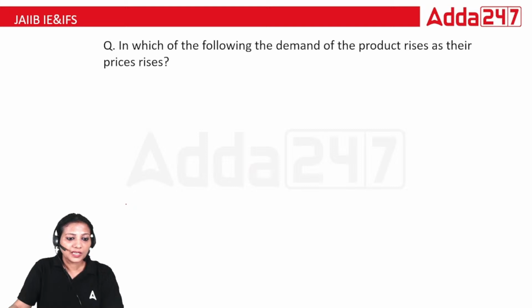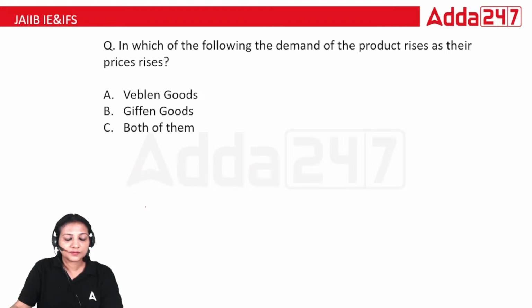In which of the following does the demand of the product rise as their prices rise? Veblen goods, Giffen goods, both of them or none of them?